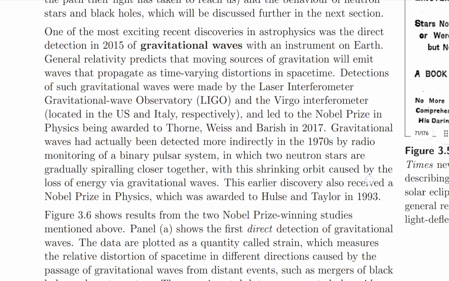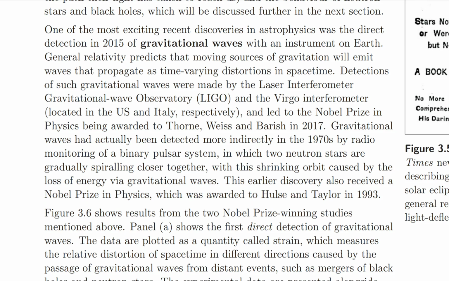One of the most exciting recent discoveries in astrophysics was the direct detection in 2015 of gravitational waves with an instrument on Earth. General relativity predicts that moving sources of gravitation will emit waves that propagate as time varying distortions in spacetime.